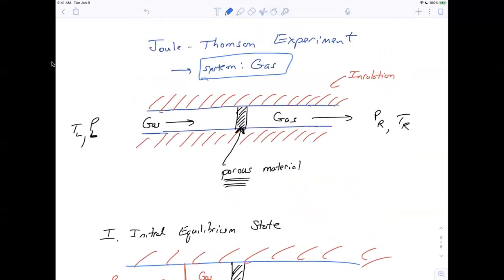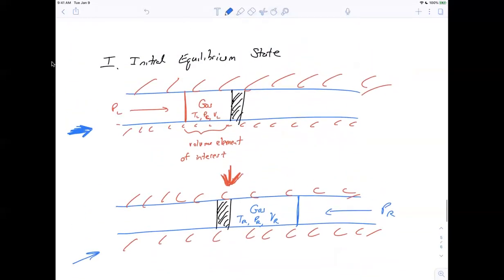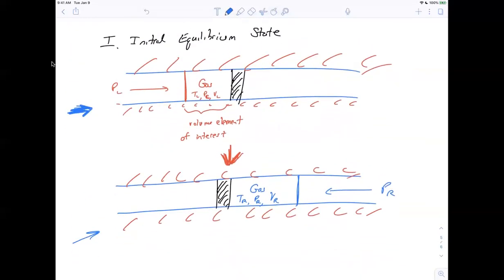And one question to you: this gas is going through a conduit that's insulated. It's insulated, as I've indicated through the red dashes around the conduit. So what do you think will be the consequence as it relates to heat interactions between the system and the surroundings, if our conduit is insulated?